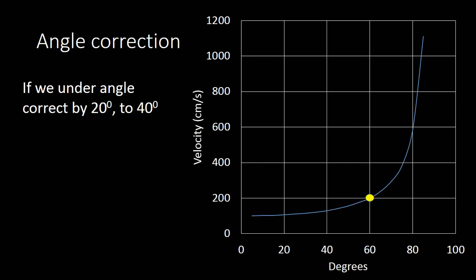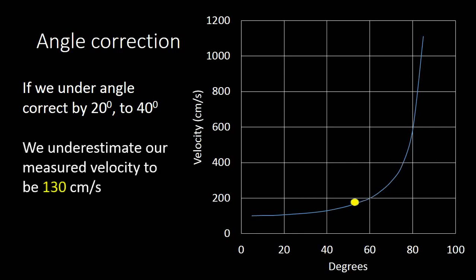Now, if we don't angle correct properly, in other words, if we under-angle correct, so our real angle of inclination is 60 degrees, but instead we angle correct on our ultrasound machine to 40 degrees, we see that we underestimate our velocity.